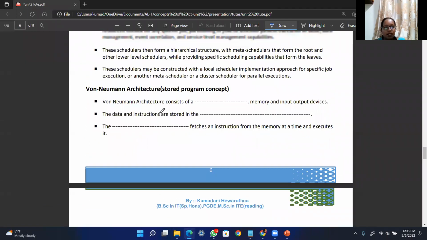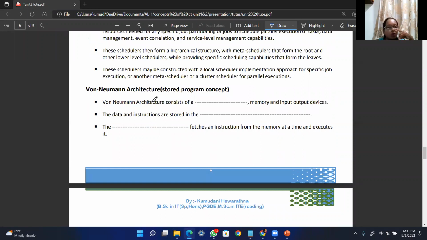Von Neumann architecture, page number 6. Von Neumann architecture consists of memory and input output devices. What is the missing part here? 4 parts should be here. Memory is there, input is there, output is there. What is the missing part?